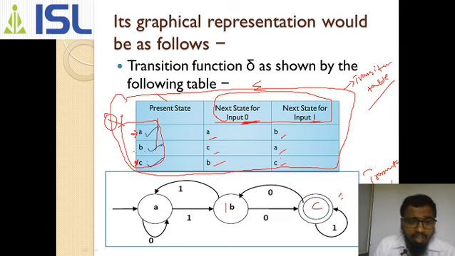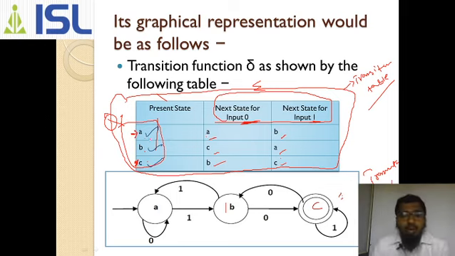I am not defining this here. The table does not mention the initial state and final state, because of that I selected it here. So the initial state is A and C is the final state.